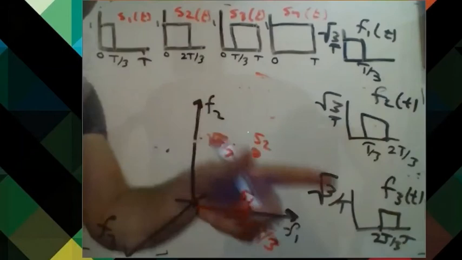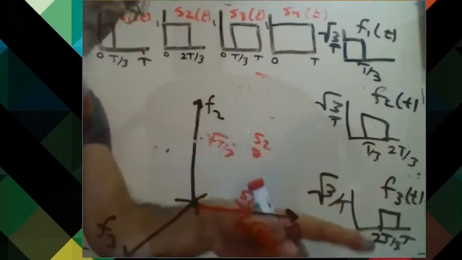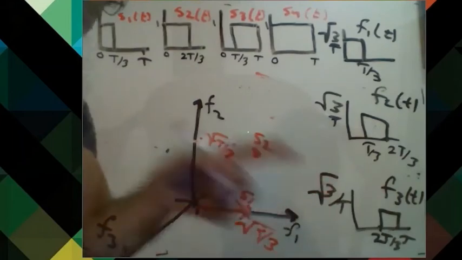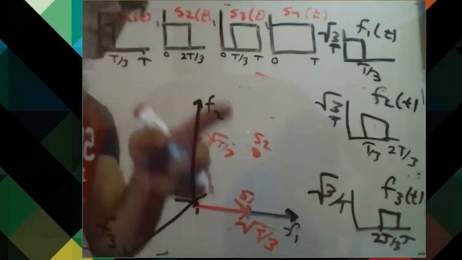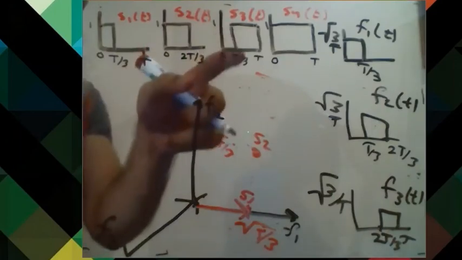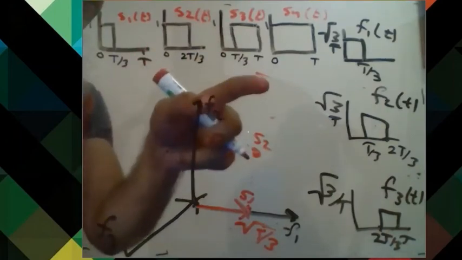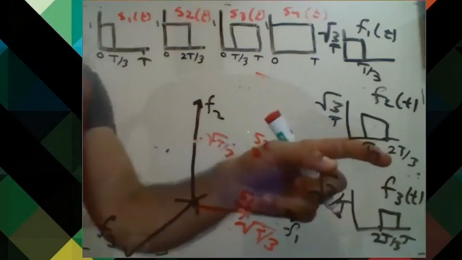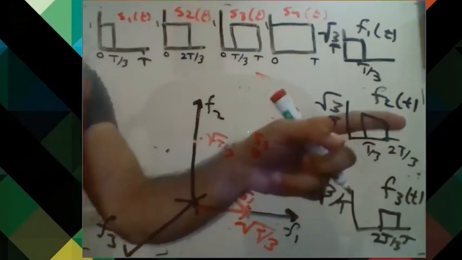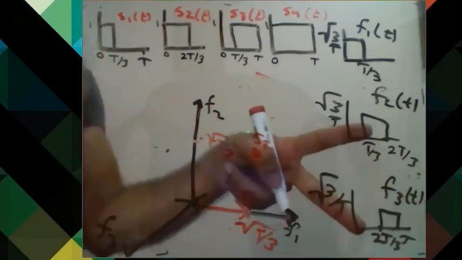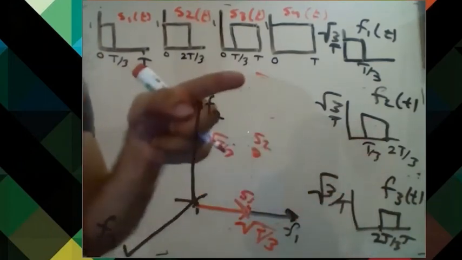So I'm sure now you can see how we can make S3. S3 is made up of only F3, is it? No, it's not. S3 goes from T by 3 up till T. From T by 3 up till 2T by 3 we have F2, and from 2T by 3 up till T we have F3. If I combine these two signals, I get S3.